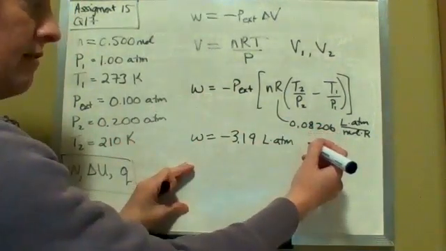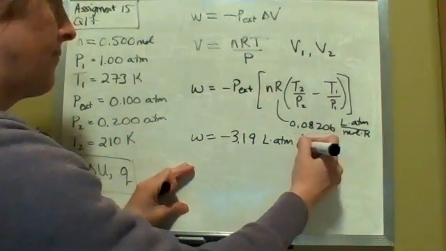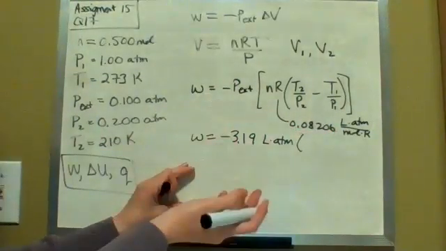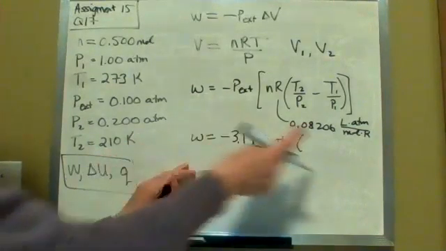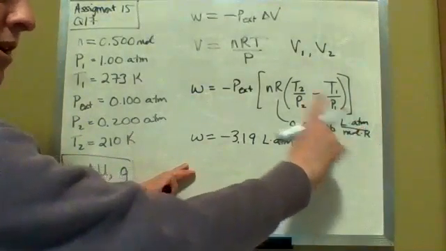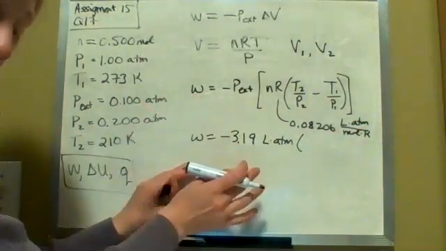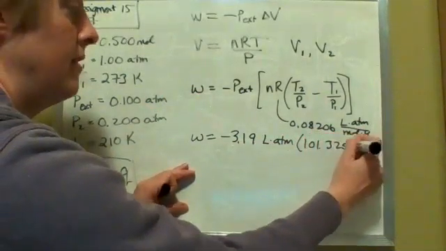is to use that conversion, atmosphere to kilopascals, or you can use your two R values because you have a liter atmosphere R value and you have a joule R value. Either way you want to do it, 0.125.